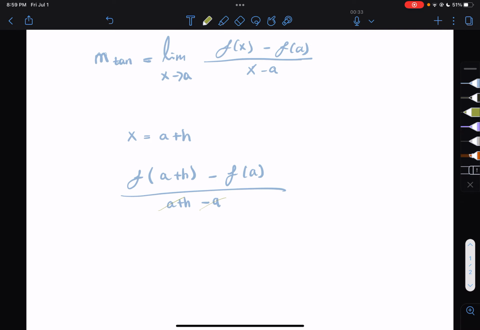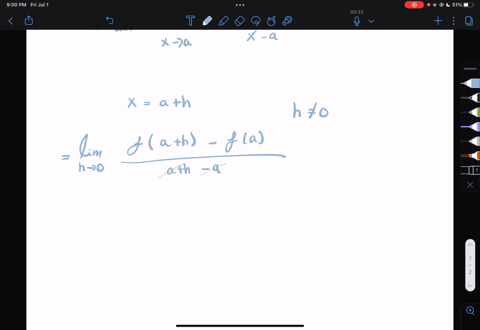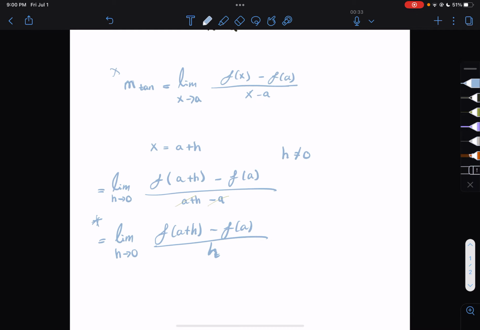Because they cancel each other. And our limit becomes h to 0, right? Because here at the bottom, h cannot equal 0. If it does, it doesn't work. So this is the second way the equation will be presented to us, over h. Just to keep that in mind.